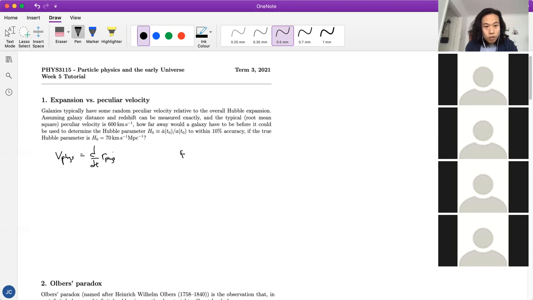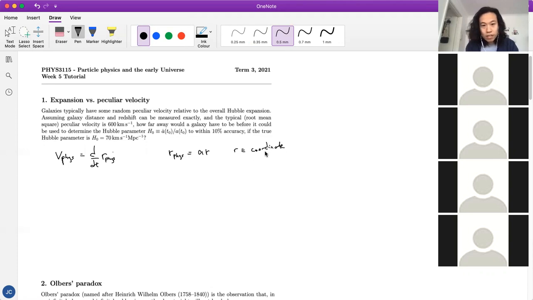And this physical spatial coordinate, r_phys, is just defined as a times r, and r here is the coordinate distance.